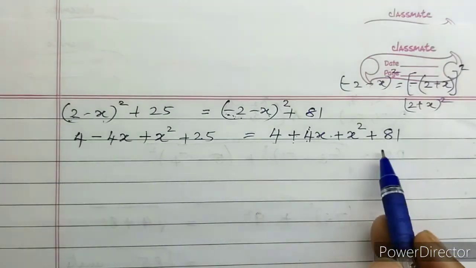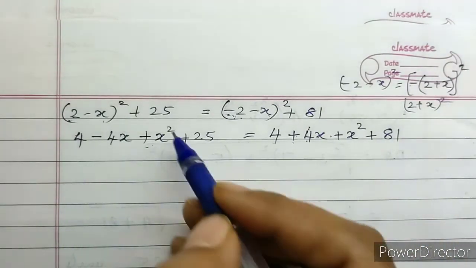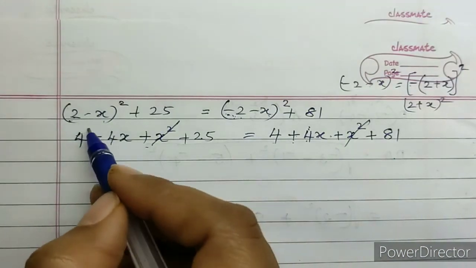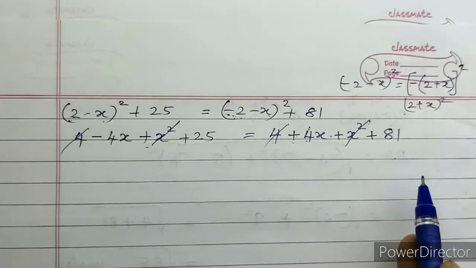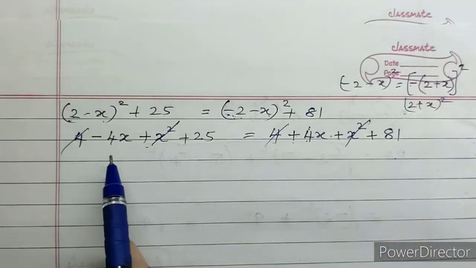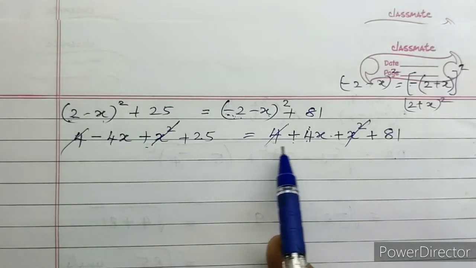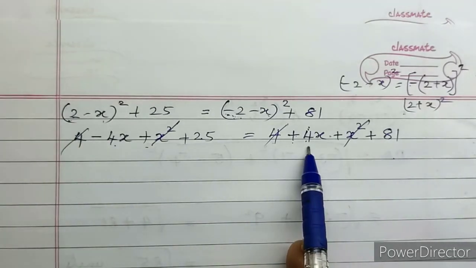Now whichever terms are possible, you can cancel on both sides. If the same signs are there you can cancel: x² you can cancel, then 4 and 4 you can cancel. Both sides having the same sign means you can cancel, because when you bring it to this side it will subtract, so it gets cancelled. Now remaining, we have minus 4x and here plus 4x, different signs.